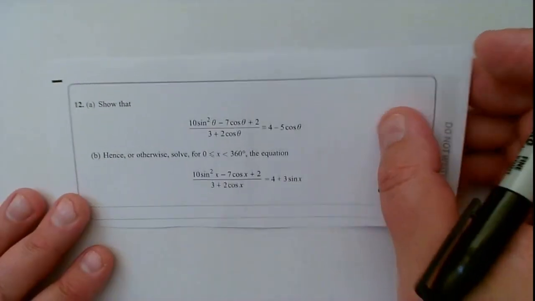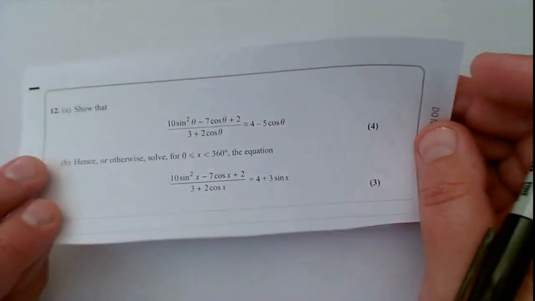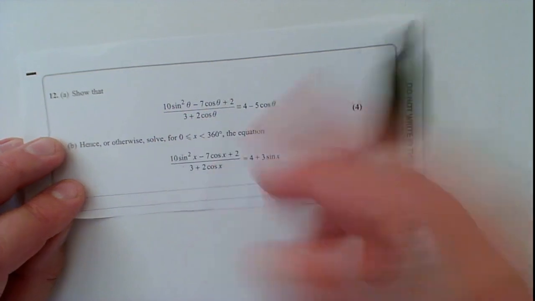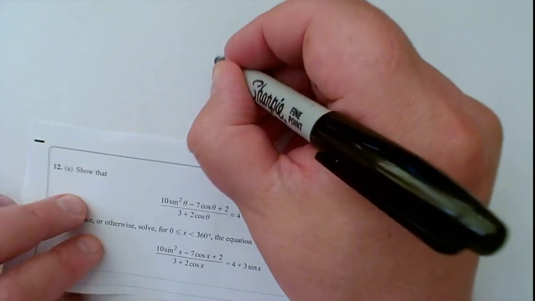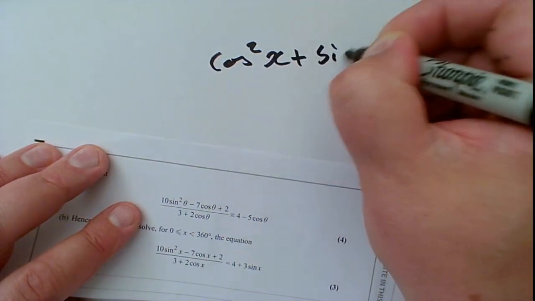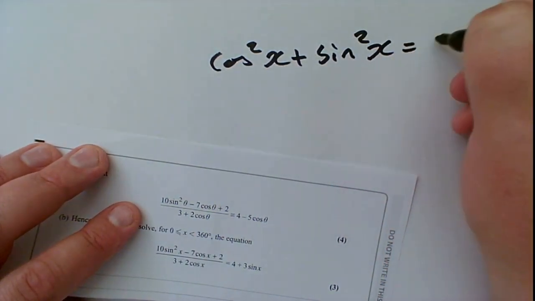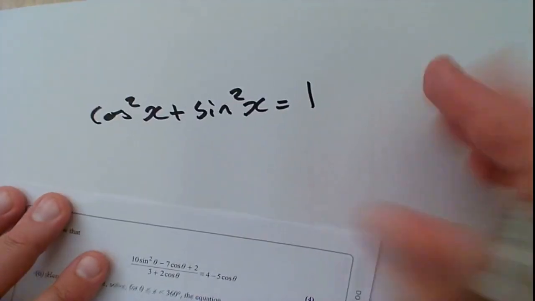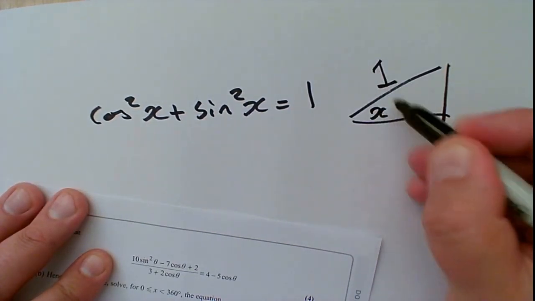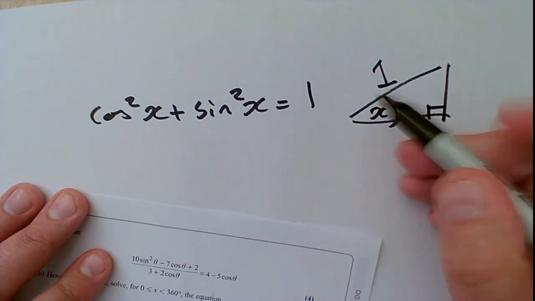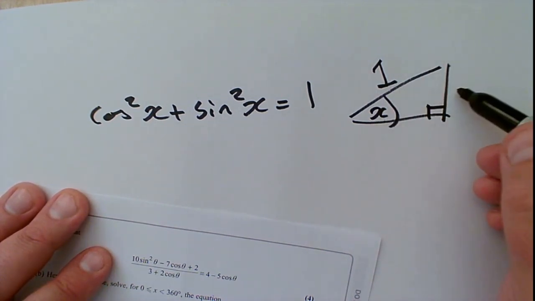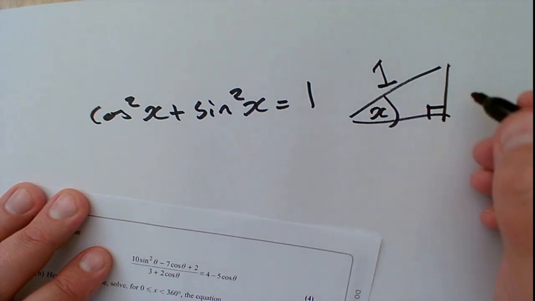This question was done incredibly well, and it was really good to see that you had to use Pythagoras' theorem. Just this identity, if you're not sure, of course, cos squared x plus sine squared x is equal to 1. Just that bit of Pythag that we want to be aware of, that if this is a triangle, then sine is opposite over hypotenuse.